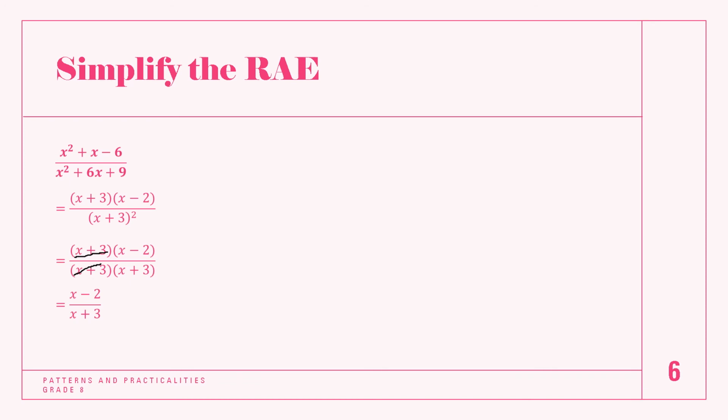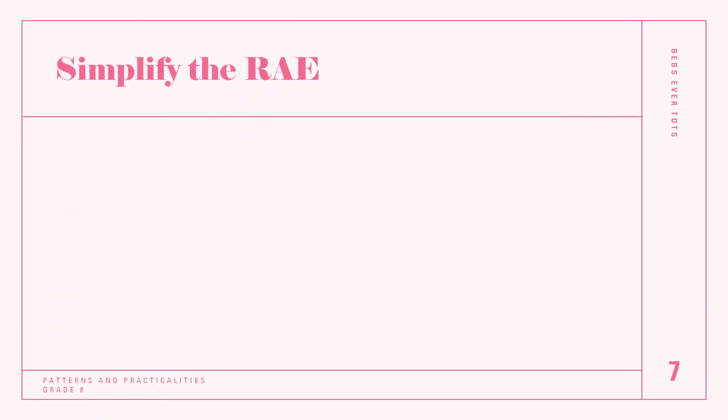Okay, let's go to the last example. Again, I got this from Patterns and Practicalities of grade 8. We have here 3 times x plus 1 minus 3, all over 8 times x plus 1 minus 8. Technically, what you're going to do here is to simplify this one.